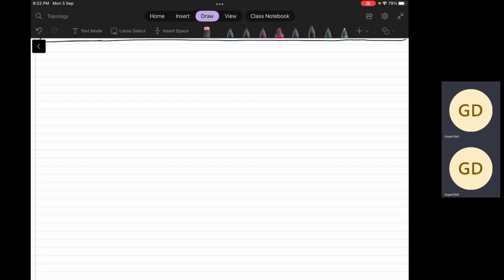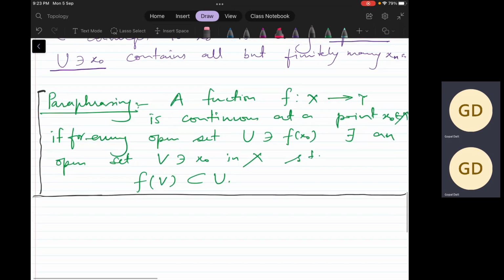Why are we defining topology? Because we want to get rid of the dependence on the metric. We want to say that continuity and convergent sequences should not depend on the metric.